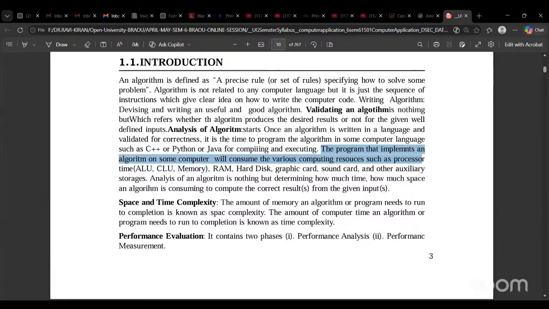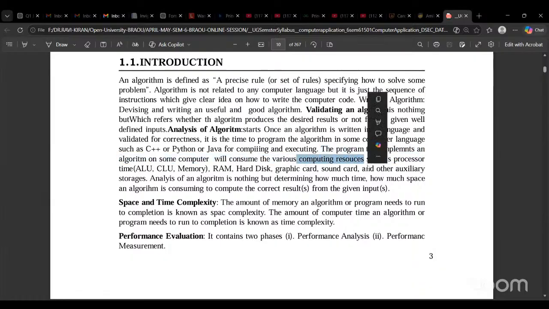Now we have written an algorithm in some programming language, and to implement that in the computer, it requires computing resources.